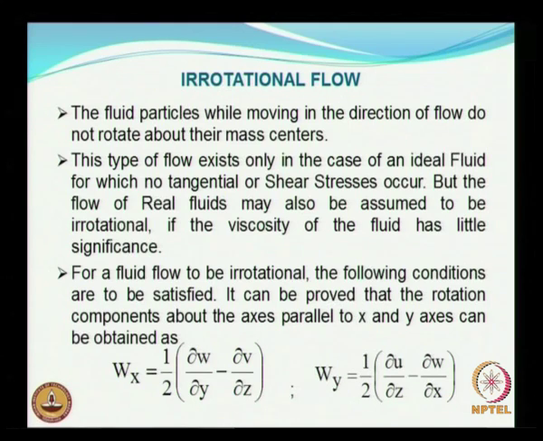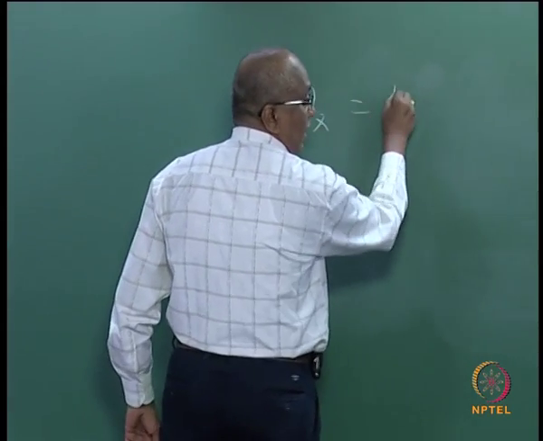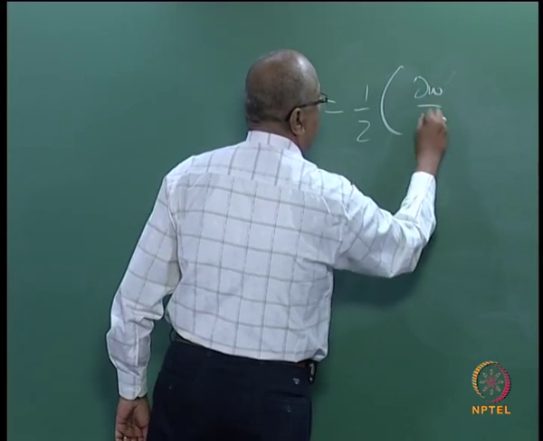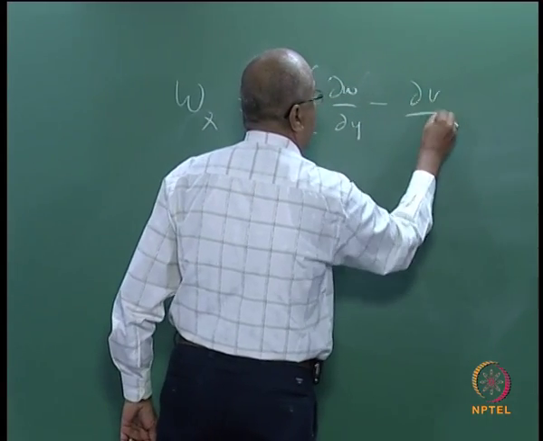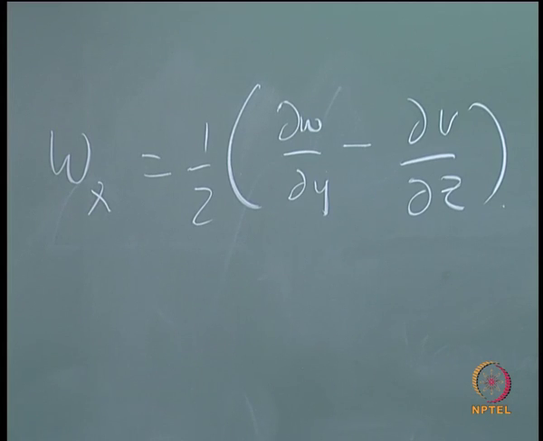Now, for a fluid flow to be irrotational, the following conditions are to be satisfied. It may easily be proved that the rotational components about axes parallel to the x and y axes are given by expressions such as ωx equal to half of the difference of the partial derivatives, and similarly for ωy.